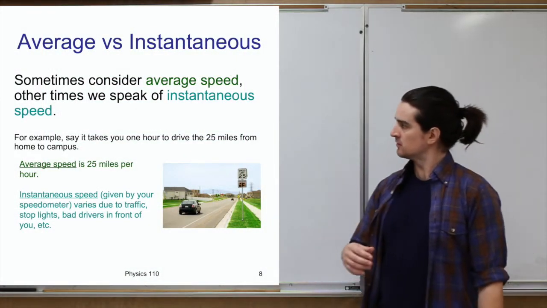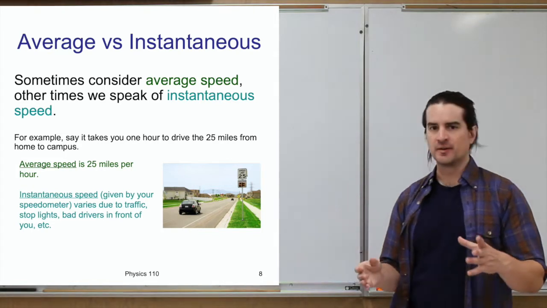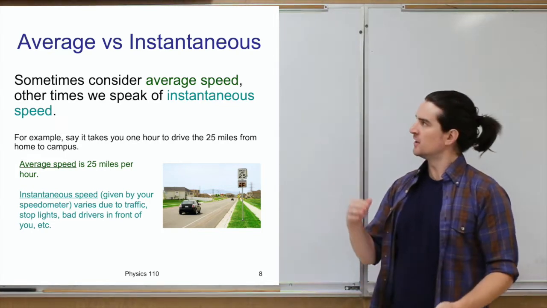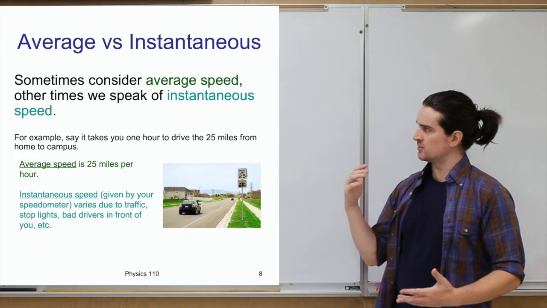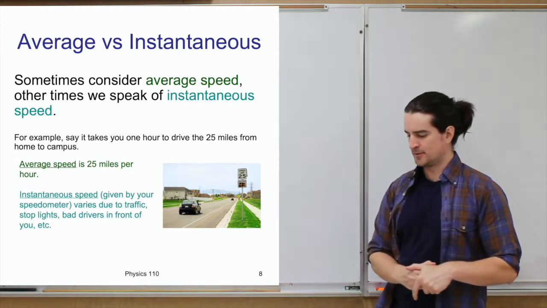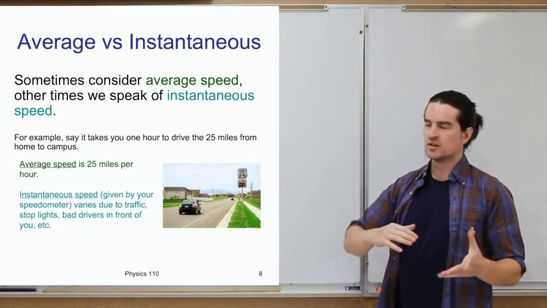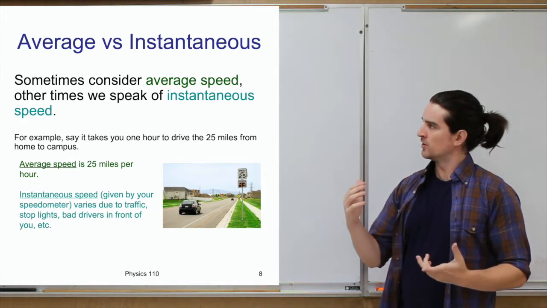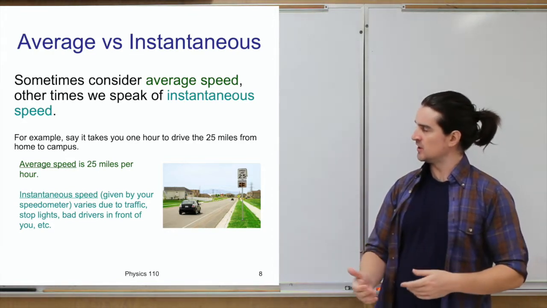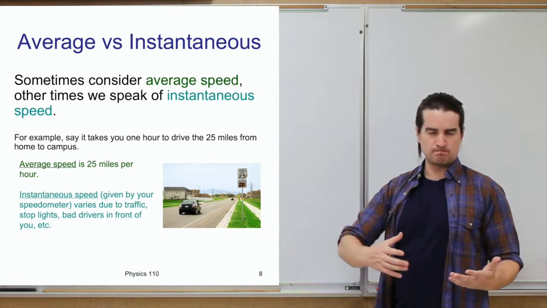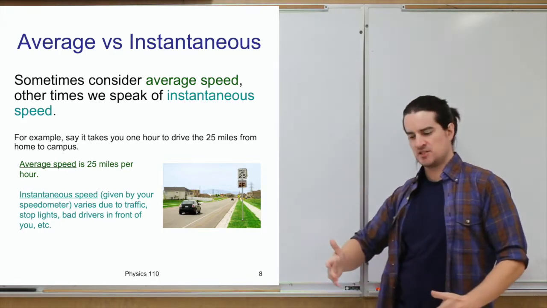So something kind of glossed over here, a good time to talk about now, is whether or not, when we're talking about things like speed, or other stuff later on, we mean an average speed versus an instantaneous speed.